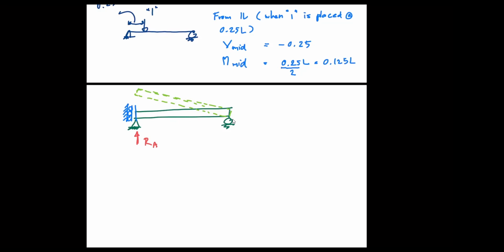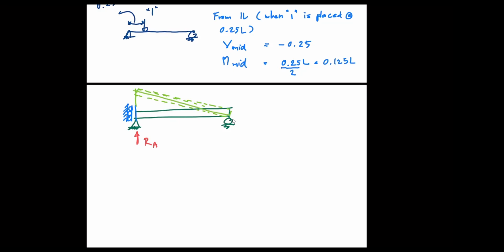But yeah, that's what the principle says. So the deflected shape is like a straight line because in fact your beam is unstable. And look at the shape. So this is the shape, right? In the end, this becomes the deflected shape of your beam when RA is allowed to move freely.